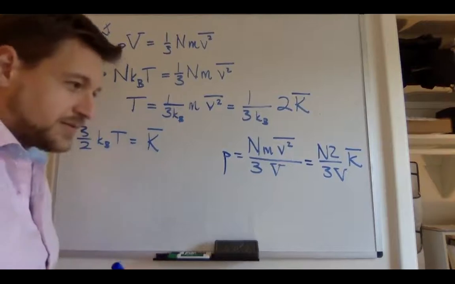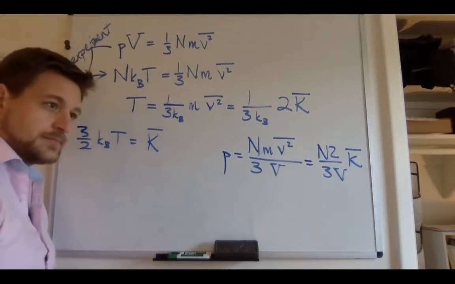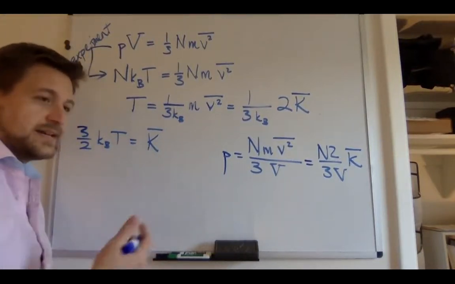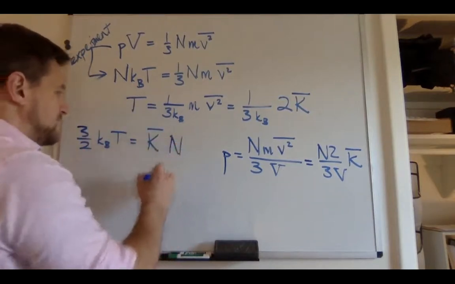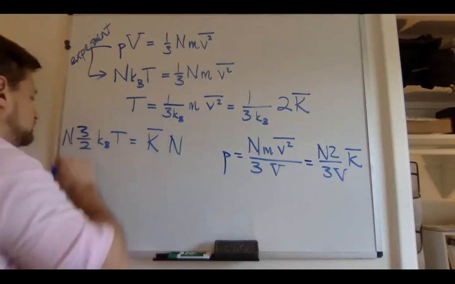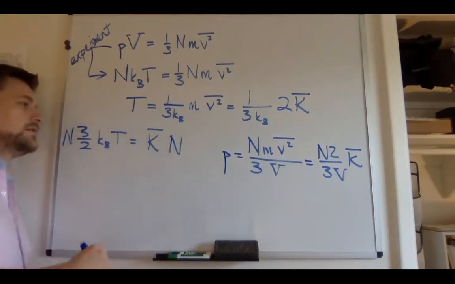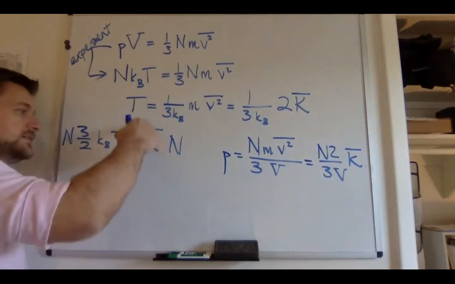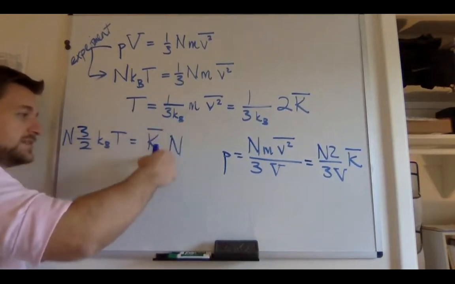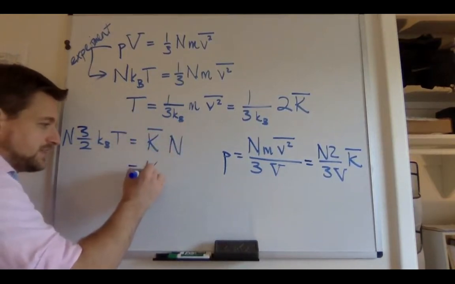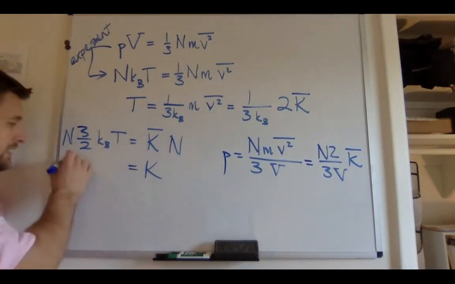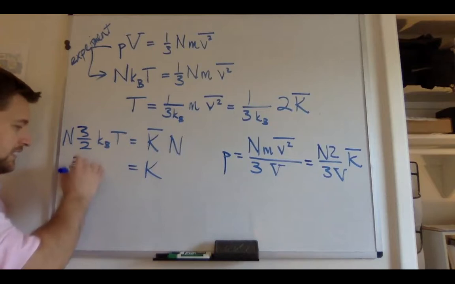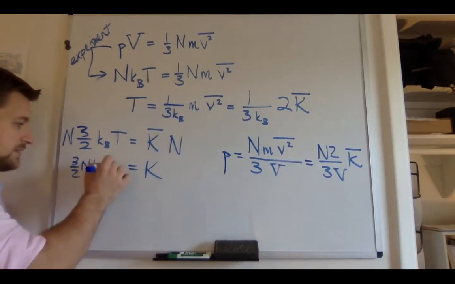If we wanted to talk about the total kinetic energy of all of the capital N molecules, we'd have to multiply both sides by N. The average kinetic energy per molecule times the number of molecules is actually going to get us the total kinetic energy of this gas. And that's 3/2 N k_B times the temperature.